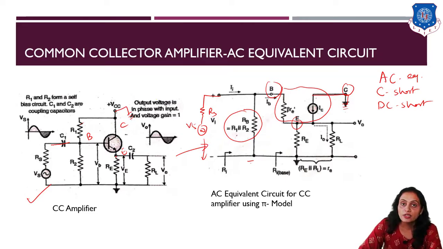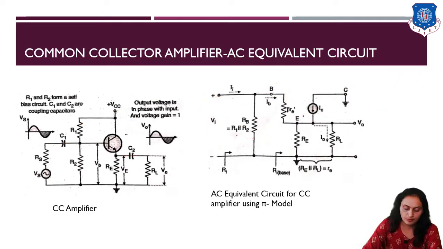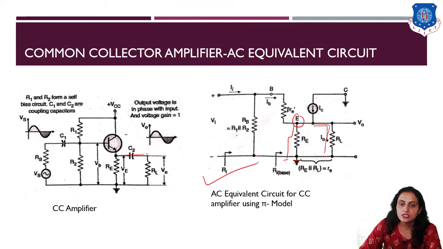Now from the emitter terminal, as the capacitor C2 is shorted, from the emitter we have RE to the ground. This is shorted, so we have RL also to the ground. From the emitter we have RL to the ground. So this is ground and the output is taken across RL. So this is the AC equivalent circuit with the pi model for the BJT.